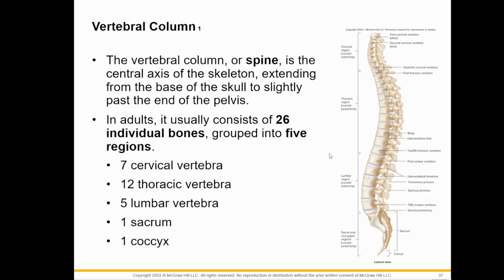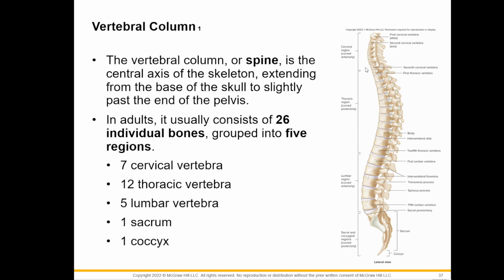Next, we have the vertebral column, also known as the spine. It is the central axis of the skeleton, diba? And it starts at the base of the skull and goes down onto the pelvis. There are 26 individual bones here, and they are grouped into 5 regions. So we have 7 cervical vertebrae.